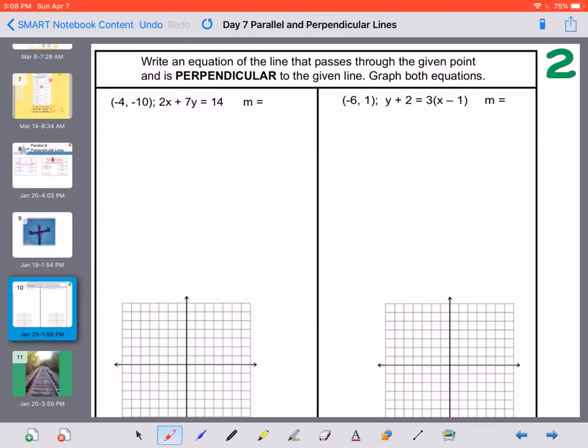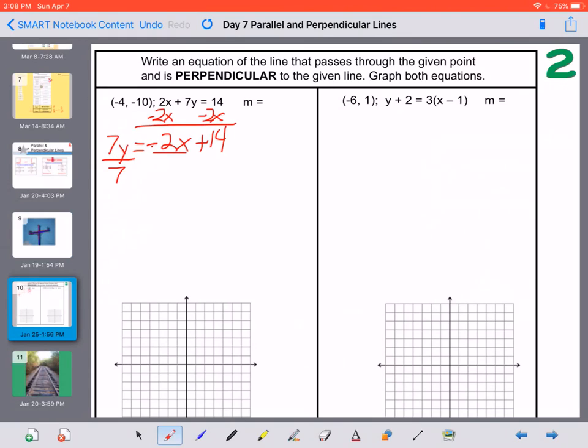So what we need to do is first find what our equation would look like in slope-intercept form. So right now we have 2x plus 7y equals 14. So what we're going to do first is subtract 2x and get 7y equals -2x plus 14.